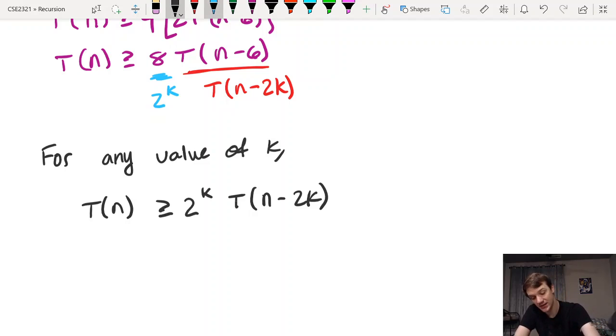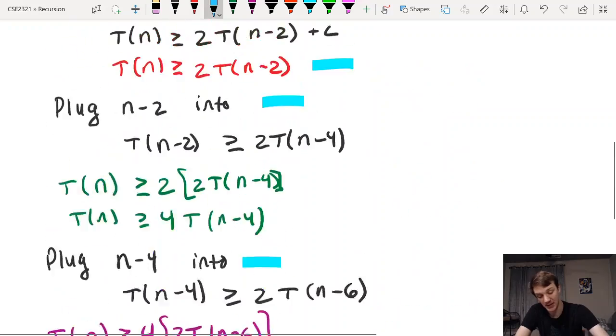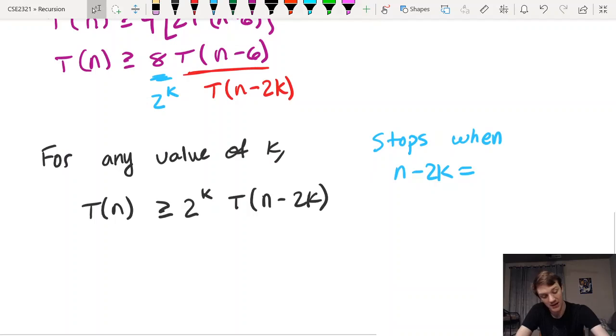We then want to try to use our base case. So we know that this stops when the thing inside of t, which in this case is n minus 2k, is equal to our base case. What's our base case? If we scroll way up to the top, our base case was 1. So n minus 2k equals 1. Solve that for k. Skipping the algebra, that gives us k equals n minus 1 all over 2.